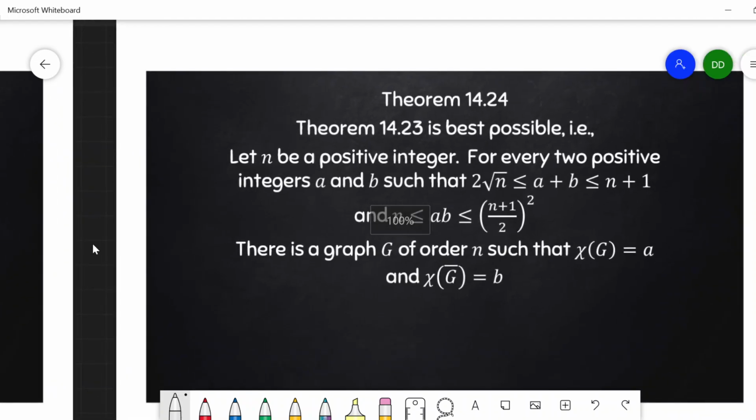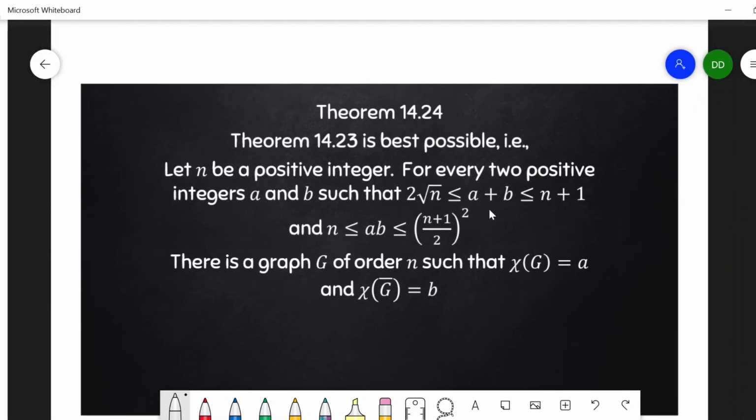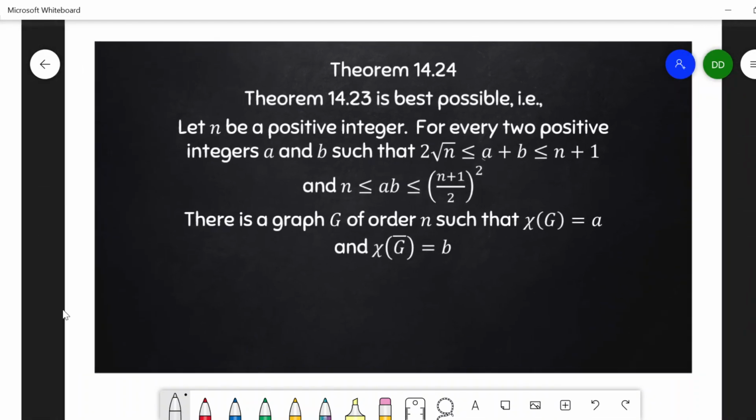Well, if n is any positive integer, and a and b are any two positive integers that satisfy the conclusions of the theorem, that is, this inequality is true, this inequality is true, then there is actually a graph of order n such that chi of G is equal to a, and chi of G bar, the complement, is equal to b. And so every possible number between any of these two bounds is achievable for a graph and its complement.